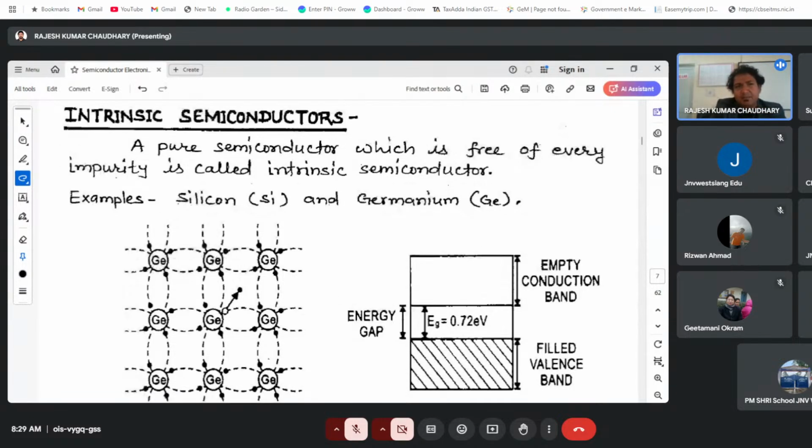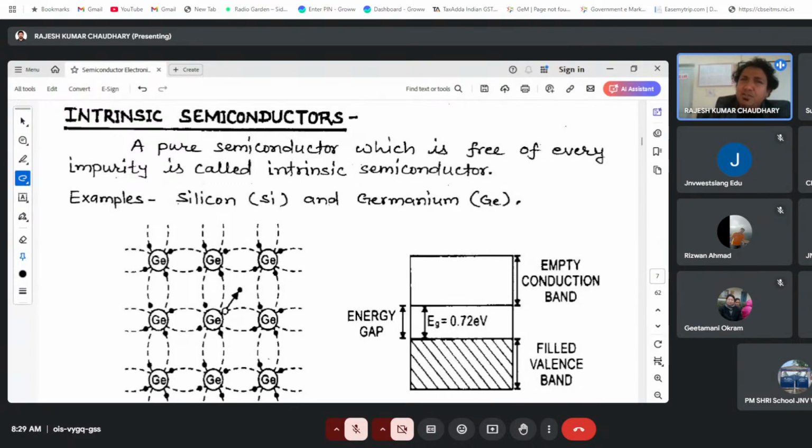But the problem with these kinds of semiconductors is that the number of electrons is equal to the number of holes, because they are forming naturally. About minority charge carriers, we will discuss later when we discuss extrinsic semiconductors.